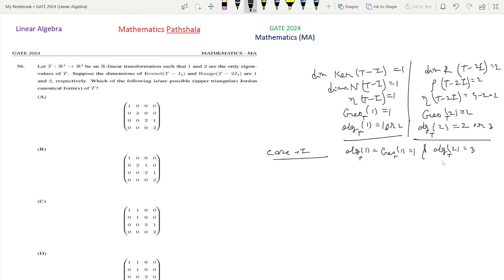Also the geometric multiplicity of 2 is 2. So this is one case.